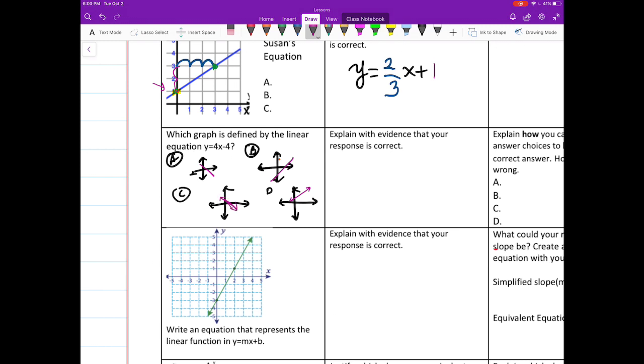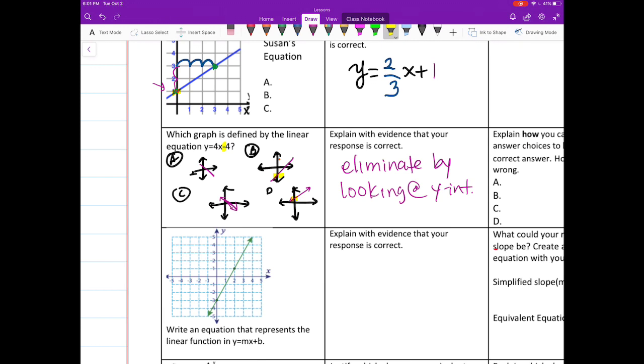You can actually eliminate, okay, by looking at your y-intercept. Just by looking at the y-intercept, you can find your answer. So let's go look over here. The y-intercept, oh, that's negative. That's a possible answer. The y-intercept here is positive. Does that match this? Does that match that?